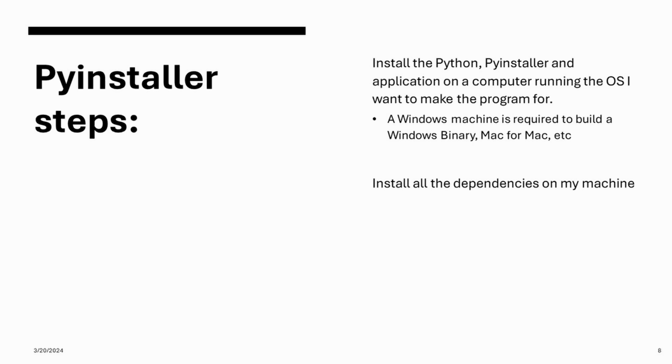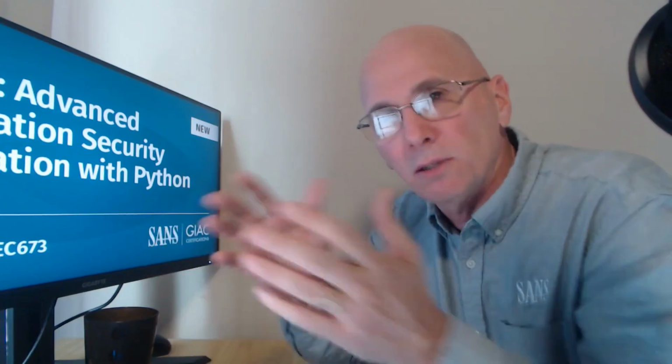If I'm going to be building apps to run on Macintoshes, then I've got to do that on a Mac. Same, Linux builds Linux, Mac builds Mac, Windows builds Windows. And then I have to install all of the dependencies for the application on that Windows system where I'm going to build the exe and get my program working on that computer. Then I'm ready to build the executable.